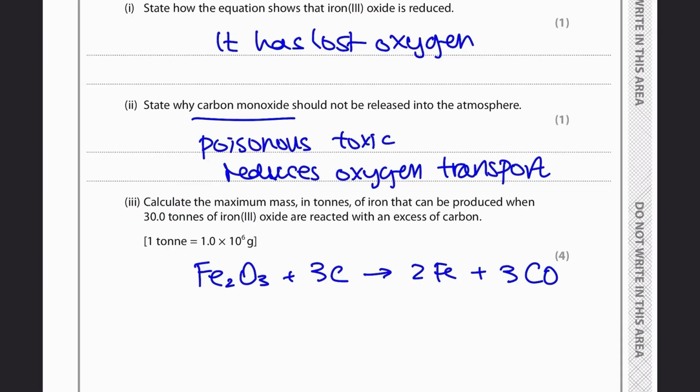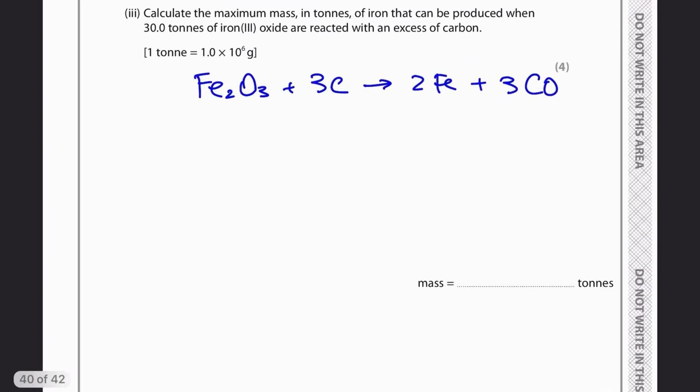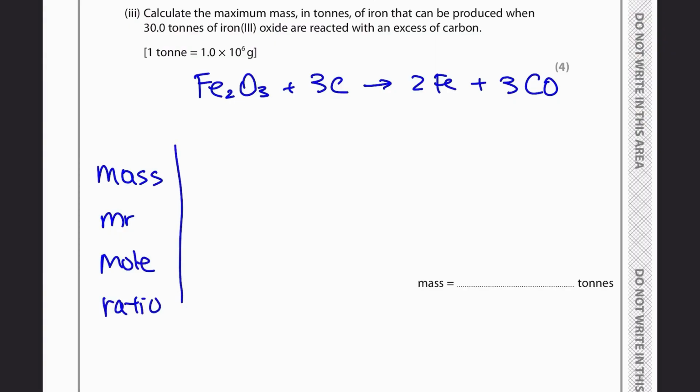The way to do these types of questions, anything relating to the amount of things that are produced, this kind of question that involves mole calculation, I want you to get in the habit of drawing this table. You're going to have the mass, the Mr, which is the mass number, mole, and then the ratio. You're going to have these four, same as the empirical formula calculation just now.